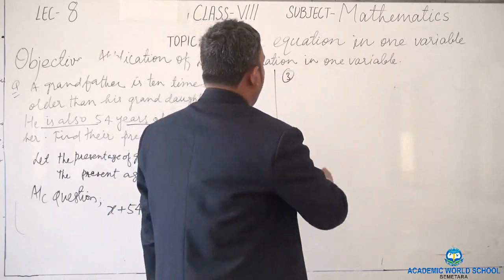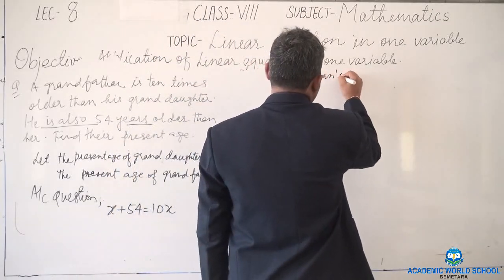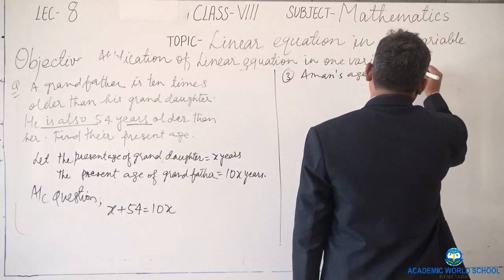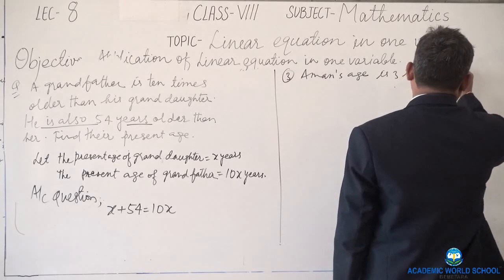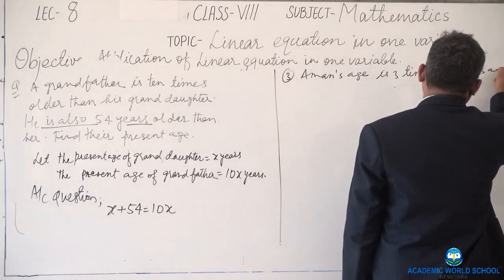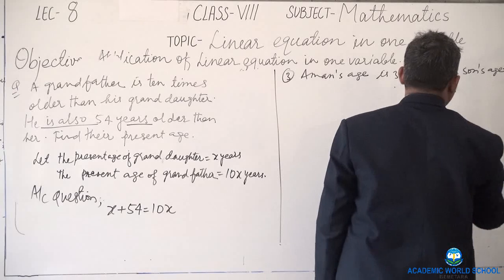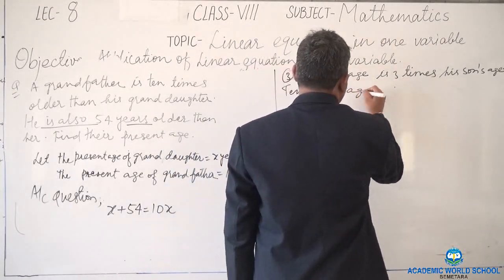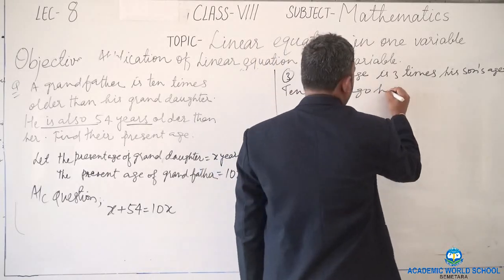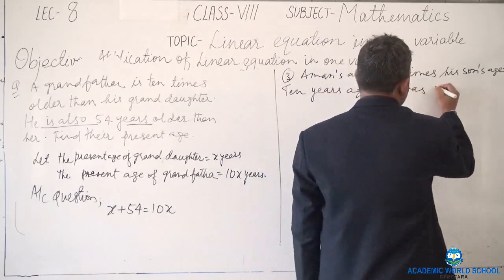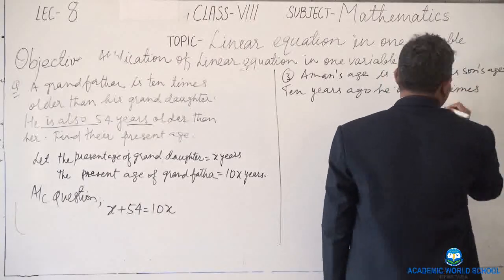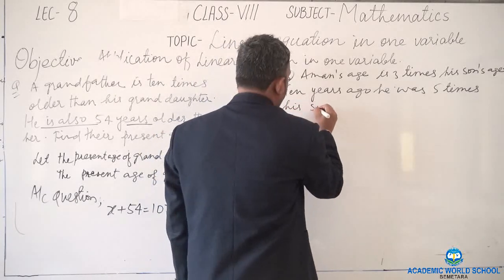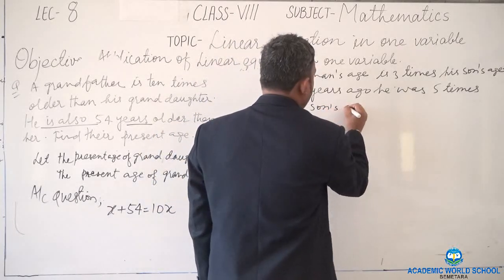Next example is Aman's age is 3 times his son's age. 10 years ago, he was 5 times his son's age.